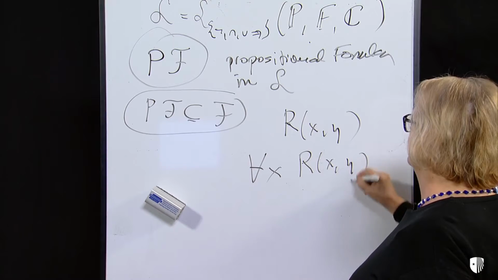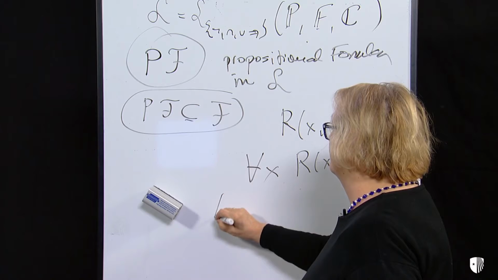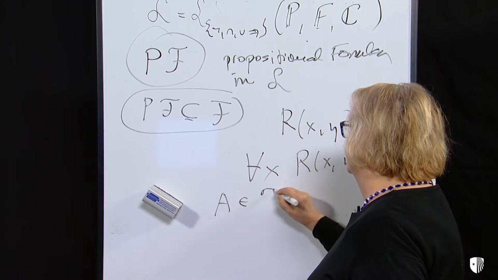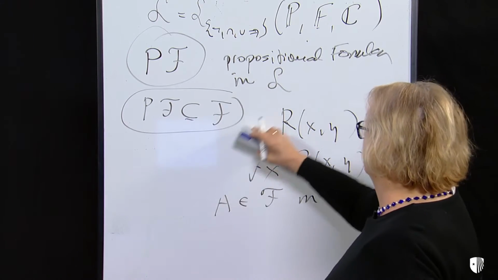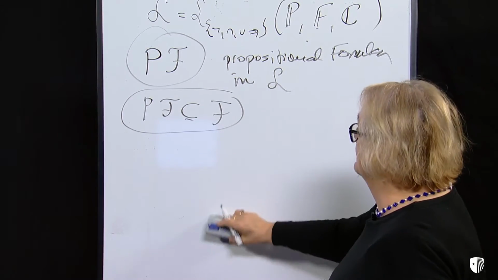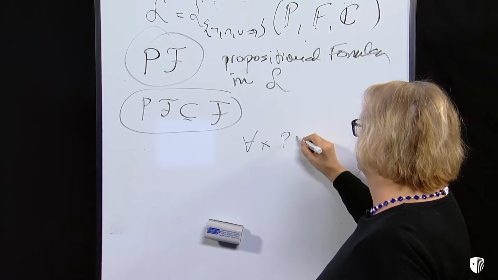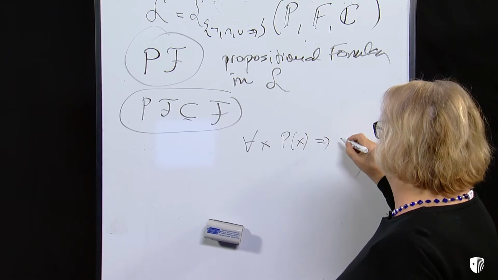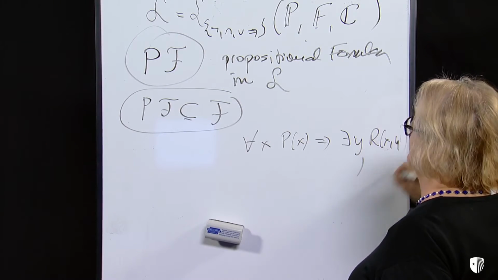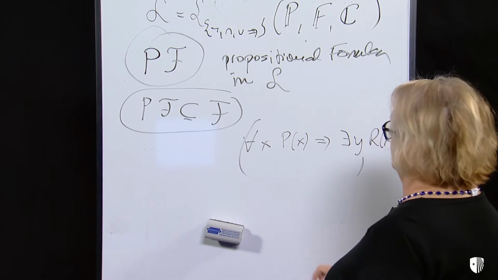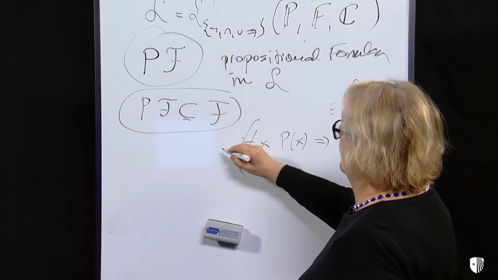So this is an atomic formula, and then any formula, now you have any formula in L. So when you have any formula, for example, for all x, P x implies there is y R x y, that is a formula of our language.